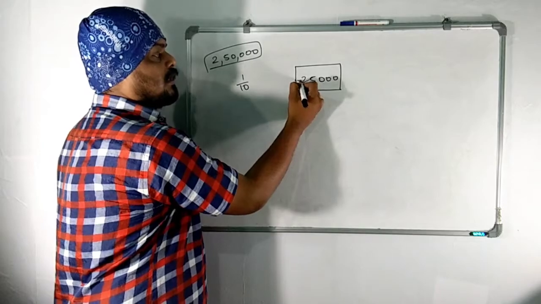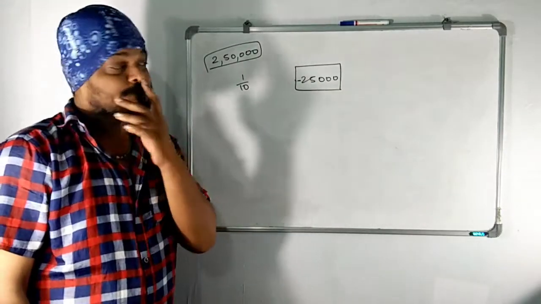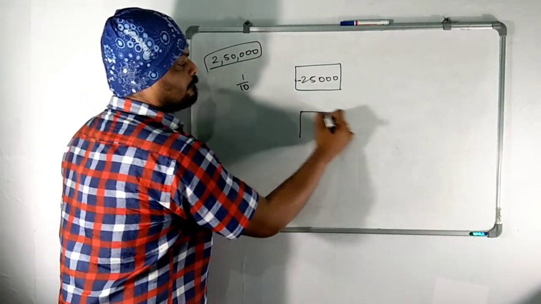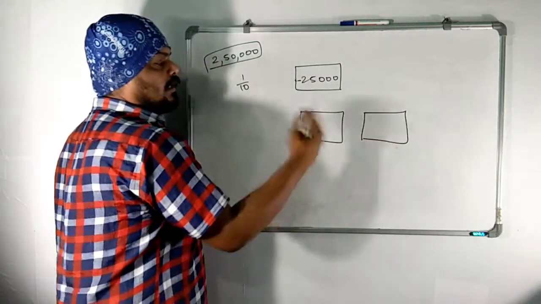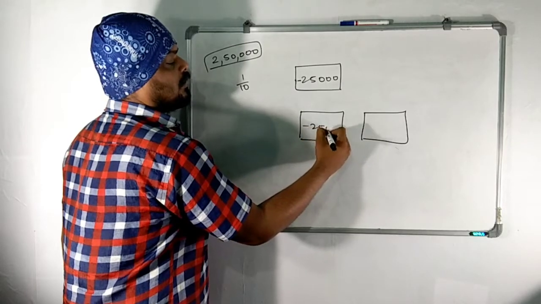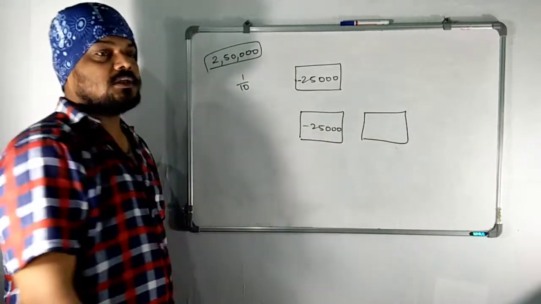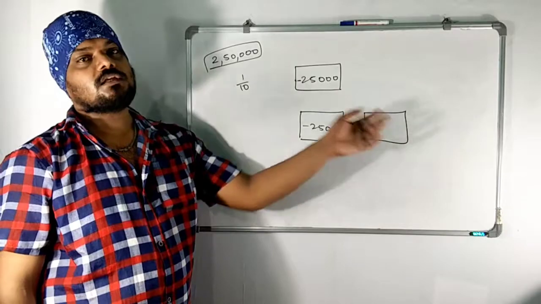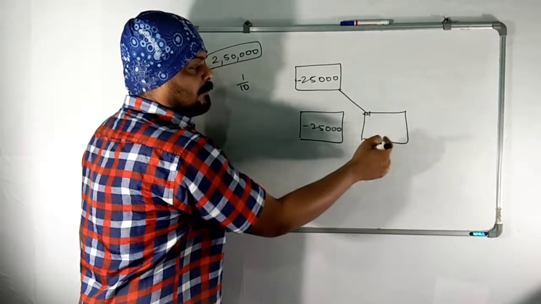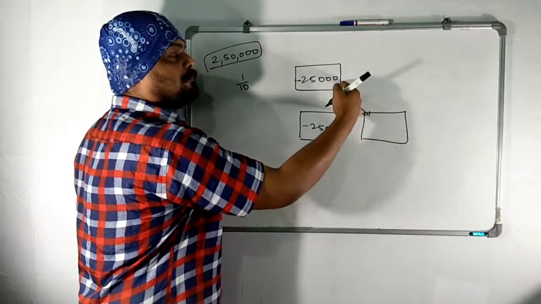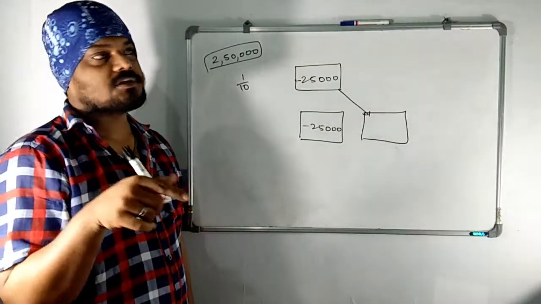So it is depreciated. I am taking the minus sign. And in the second year also it will be depreciated, but it is depreciating successively. So it will be depreciated upon the depreciated value of the first year.